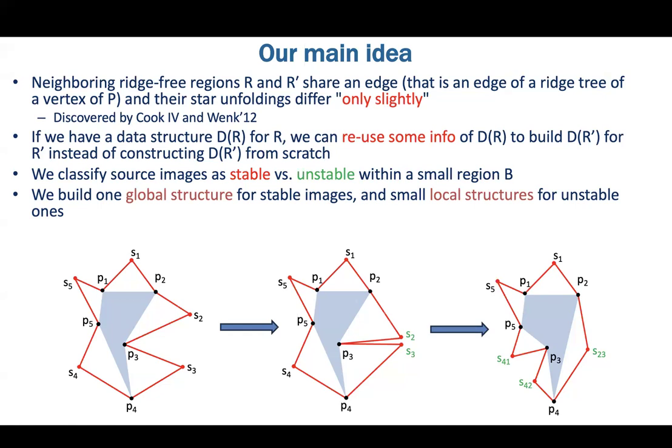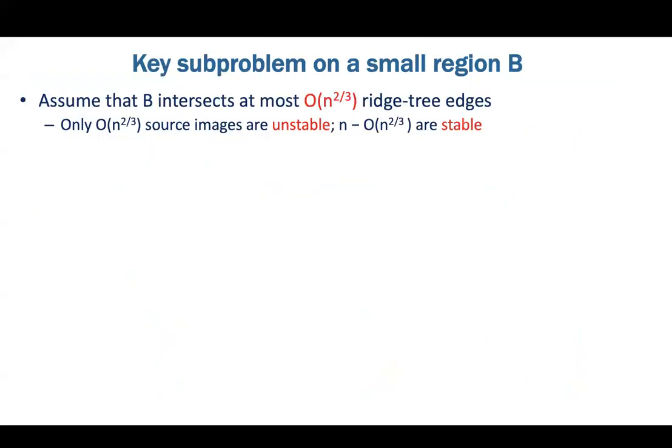If you have relatively few unstable source images, the number of local structures is small as well. So we define a small region B. We assume B intersects at most this many, n to the 2/3, ridge tree edges. In this way only this many source images are unstable, and the rest of them are stable.